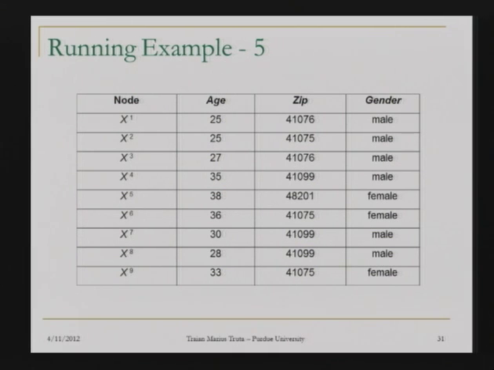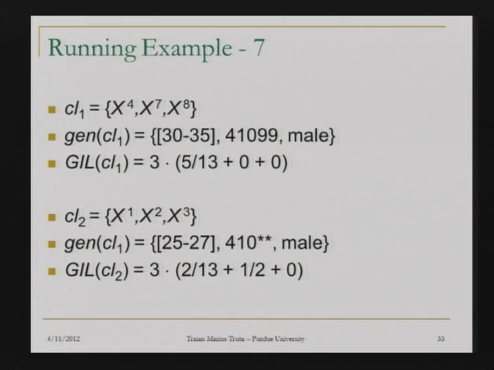For zip code, we have 41076, 41075, 41076. The next level in the generalization hierarchy is the 3-digit zip code, so we generalize it to 410 star star. And gender: all three are male. Therefore, this is what we have: 25 to 27, 410 star star, and male.